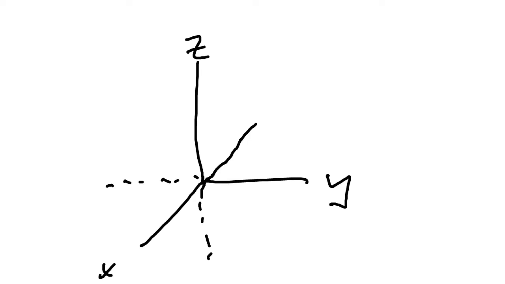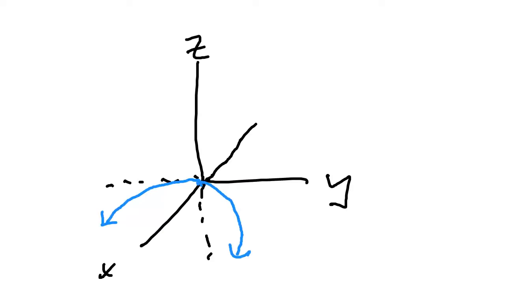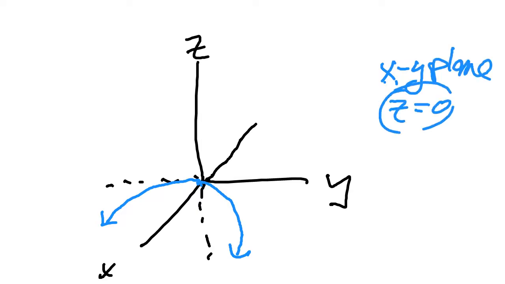I'm trying to make this visually appealing for you. What we've got is actually a parabola, right? This is in the xy plane, where z equals 0. So this is a cross section.